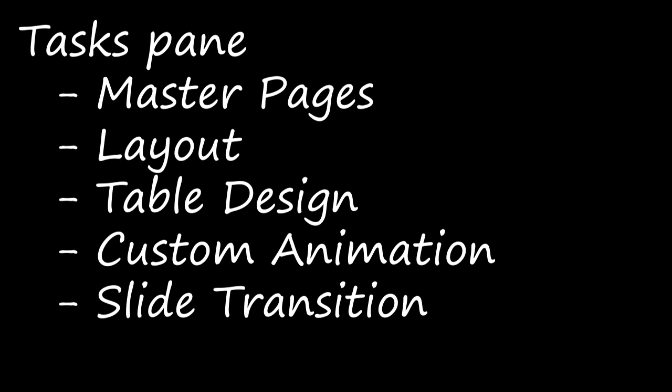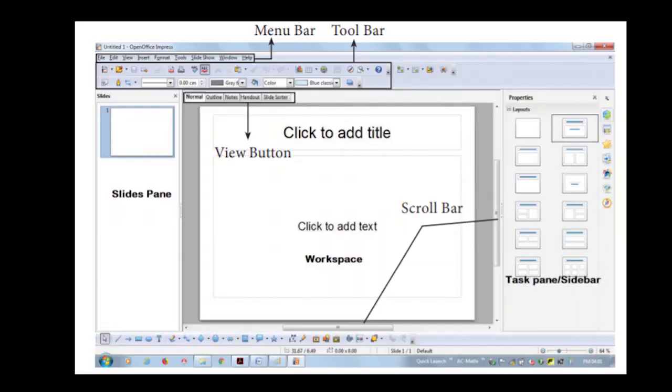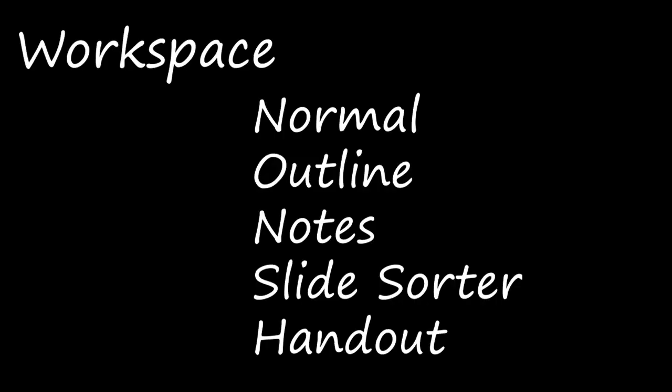Then we have seen window elements of Impress: view buttons, status bar and navigator. Then the workspace, where we started with normal view, outline view, notes view, slide sorter view and handout view. We'll see the elaborate definitions of these views in the next session. You just read these portions today and take a note of them.